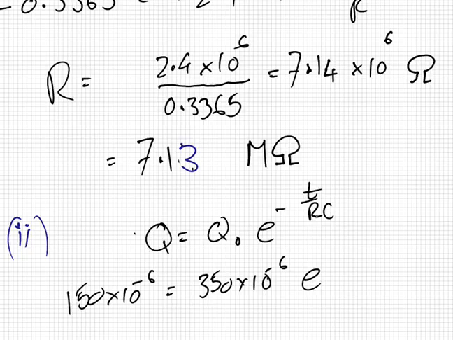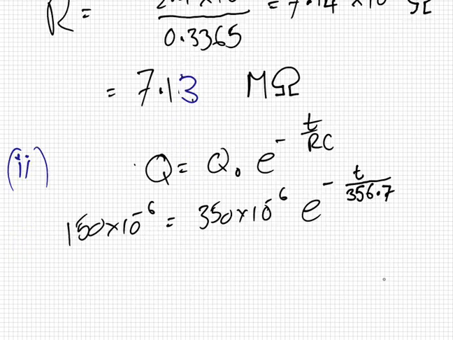Oh no, we know R and C now, don't we? So if you multiply R and C, what do you get? 35.7. Yeah, I put in an extra decimal point.